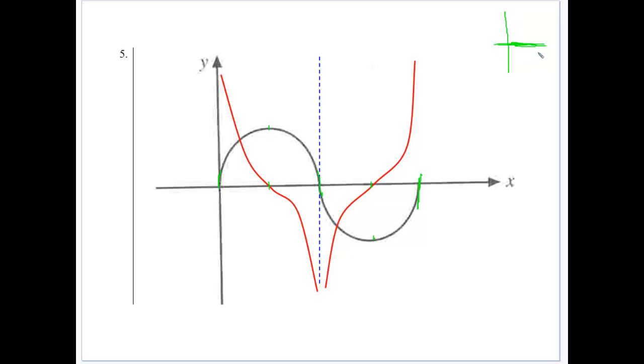If it's horizontal, the gradient's 0, but we don't get it. So if we get a very, very steep line, the gradient starts to tend towards infinity, either if it's rising, so it would be positive, or if it's falling, it would be negative. So that's why you can see the curve starting to go towards positive infinity here, because the curve's getting towards a vertical line, and it's a positive gradient. Well, it's coming from a vertical line, which is positive, and it's turning towards a vertical line and it's falling. So that's why it's going to negative infinity.